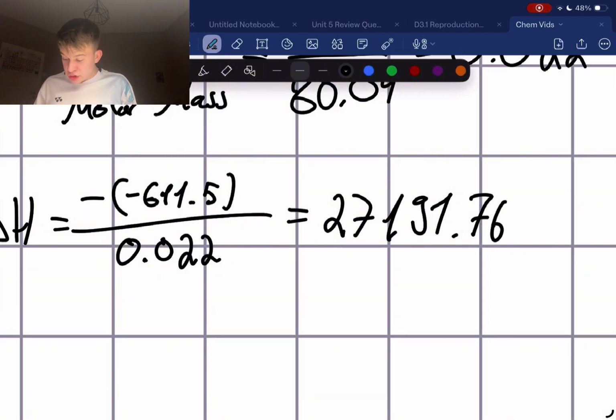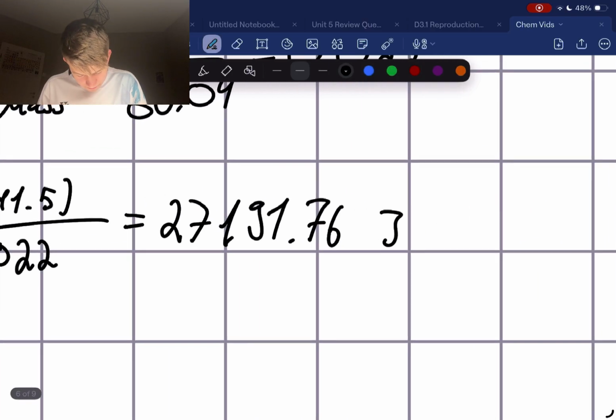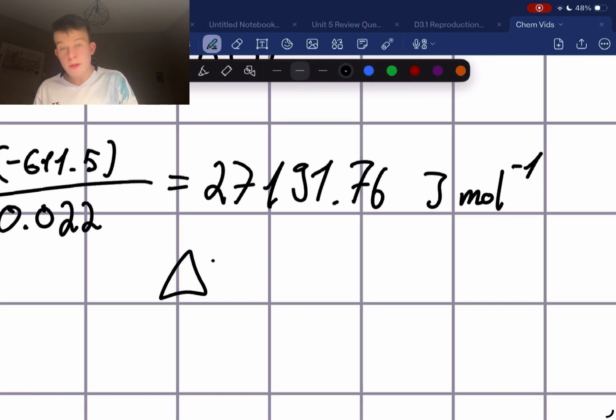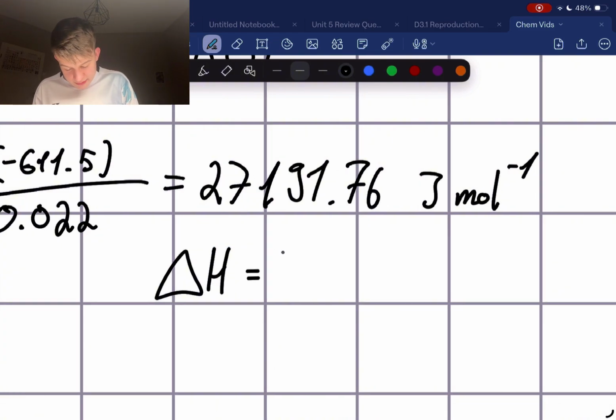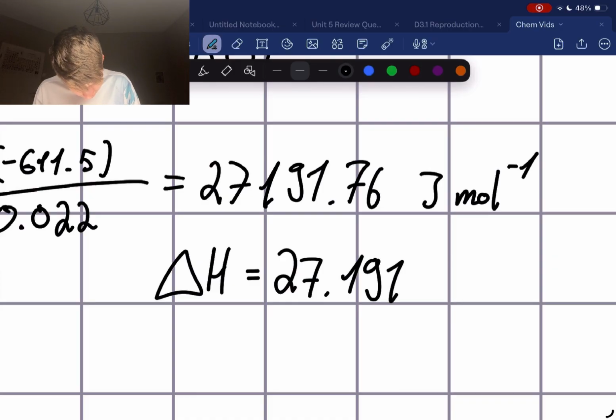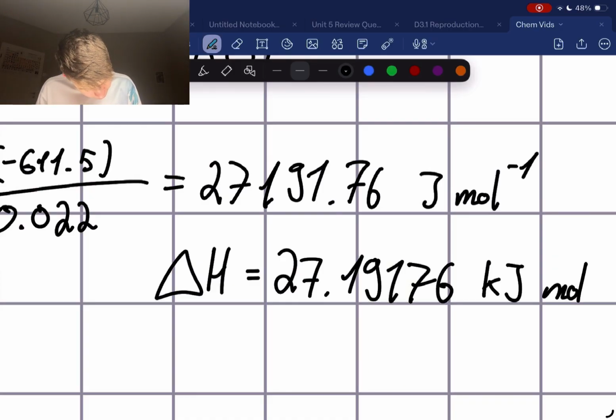That is in joules. We can just write joules per mole, J mol^-1. To find it in kilojoules, we divide it by 1,000. So we have negative 27.19176 kilojoules per mole, kJ mol^-1.